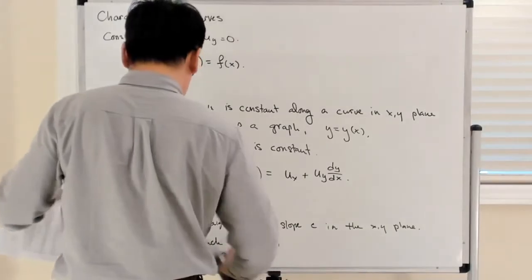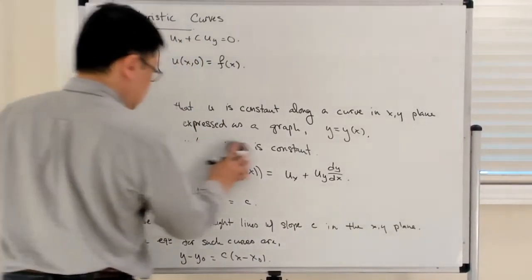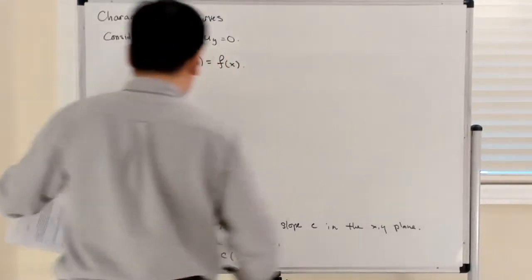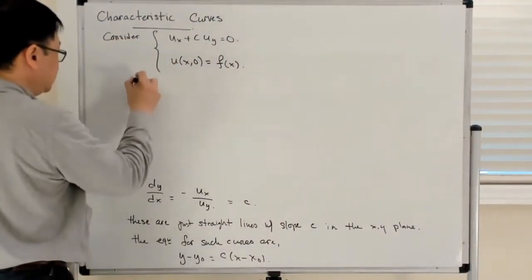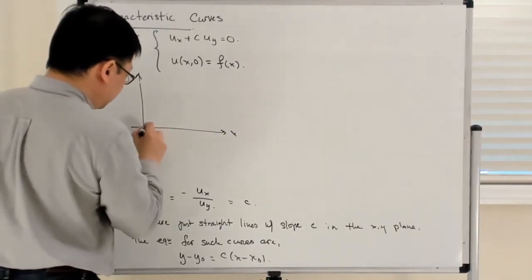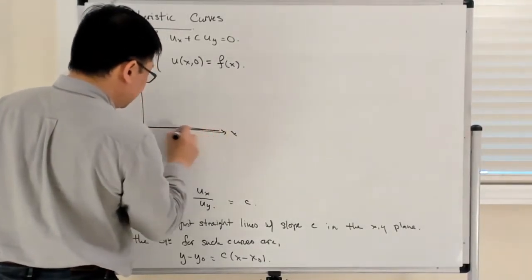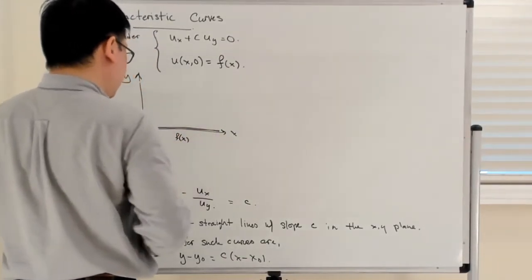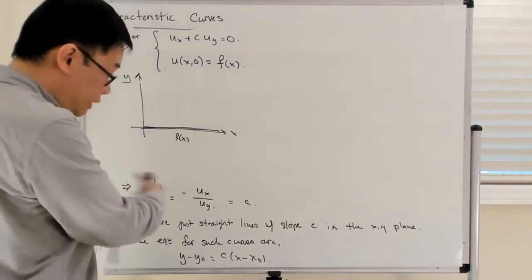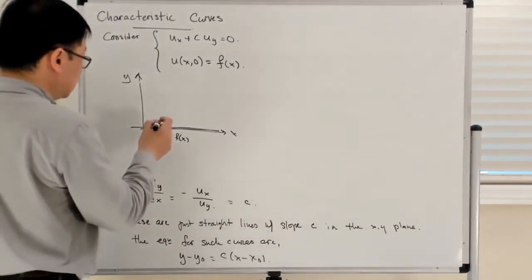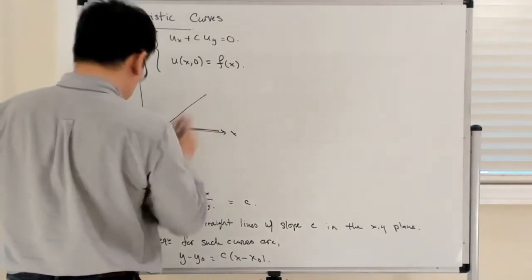Let's see what happens. This is the xy plane, and I know what u along the x-axis is. This is just f of x, and you also know by this calculation that the solution u is constant along curves of slope c.